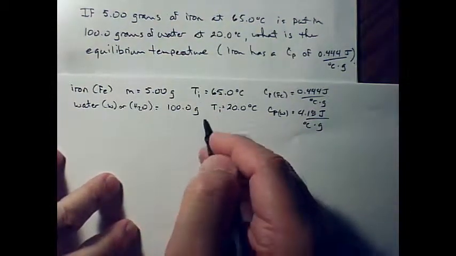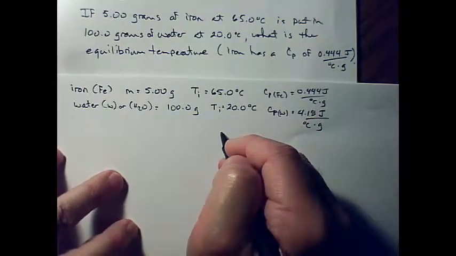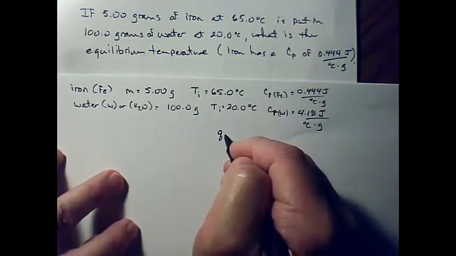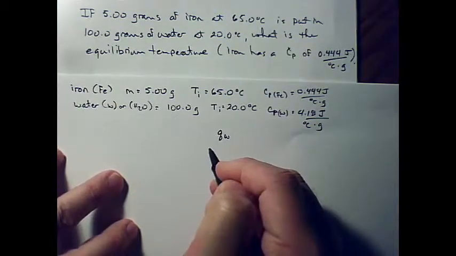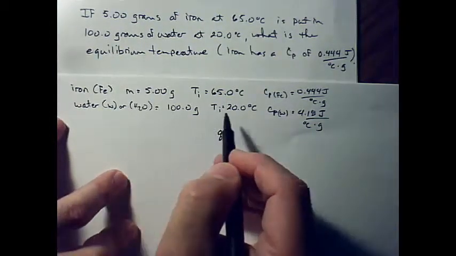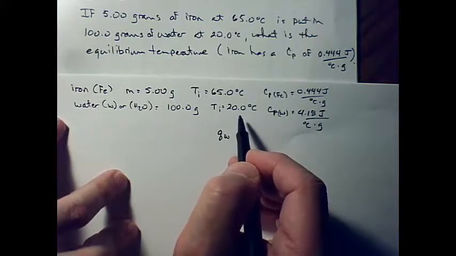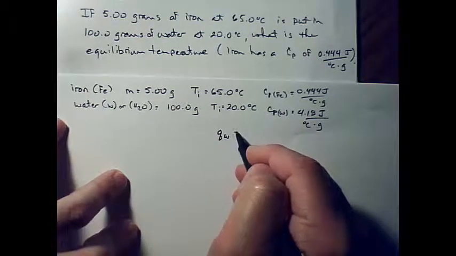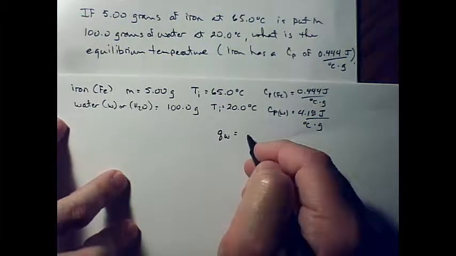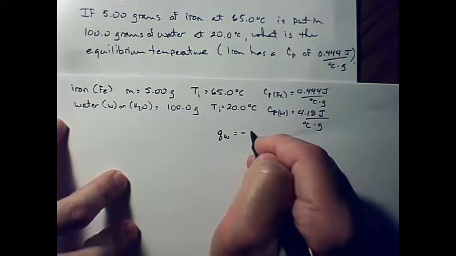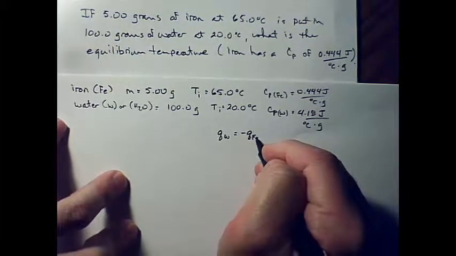You should know now that Q for water, since water starting out as a lower temperature, is going to be gaining energy, and it will equal the energy lost by the iron. So Q for water is going to equal the negative Q for the iron.